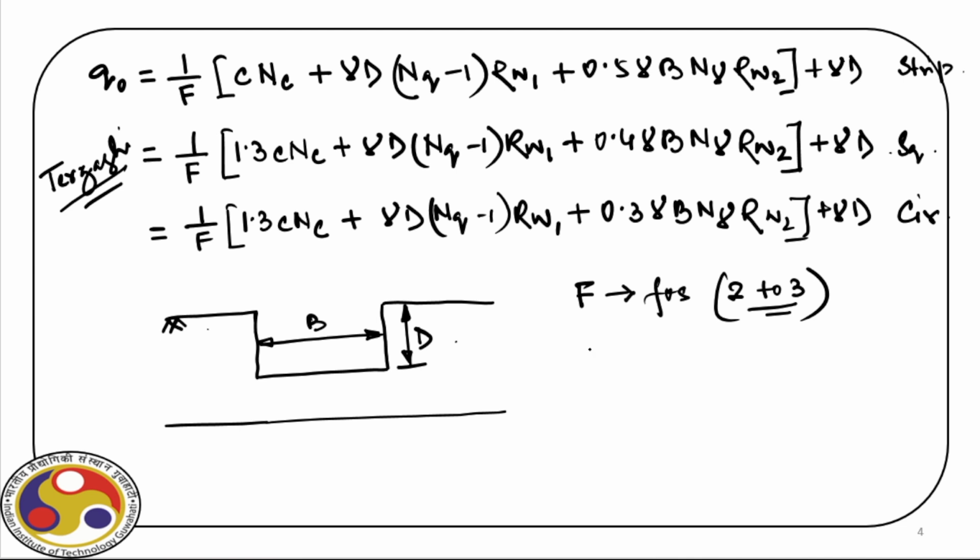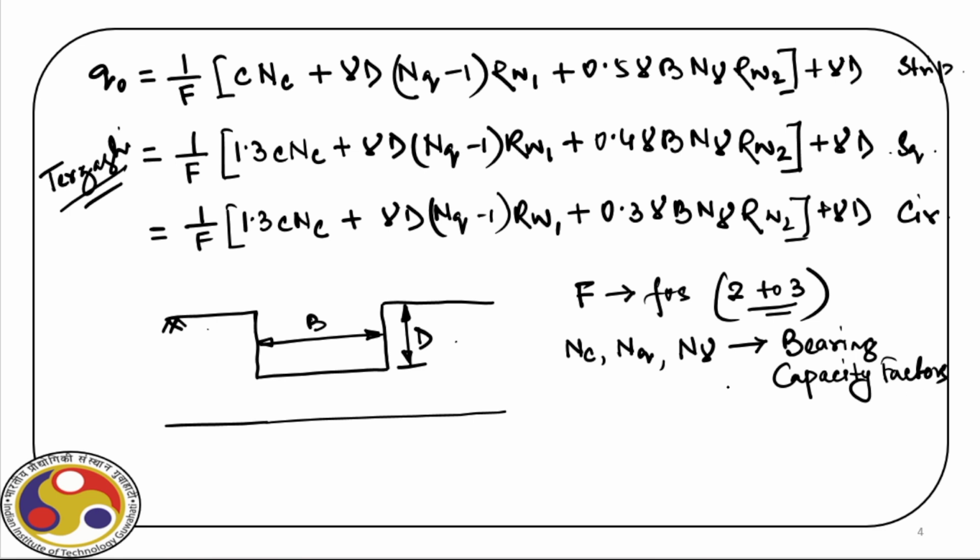Then we have Nc, Nq, N gamma. These are called bearing capacity factors for general shear failure.